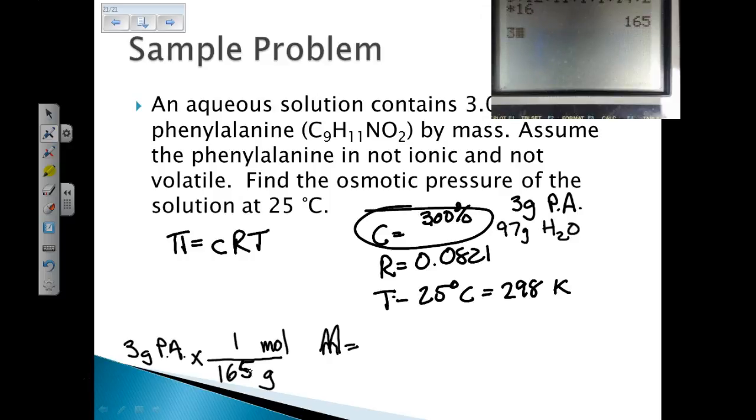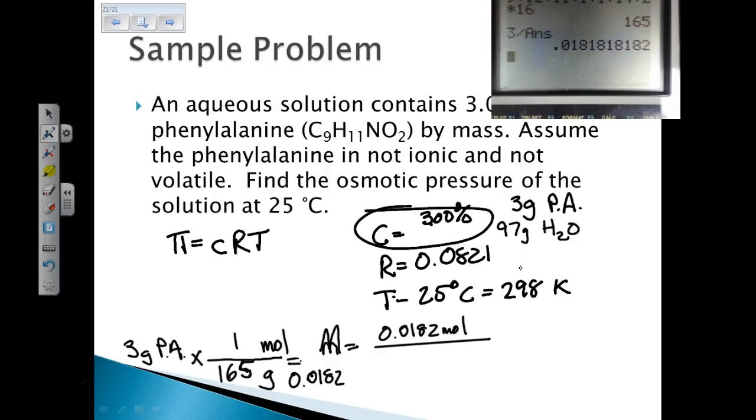So 3 divided by 165 gives 0.0182 moles of phenylalanine over liters of solution.